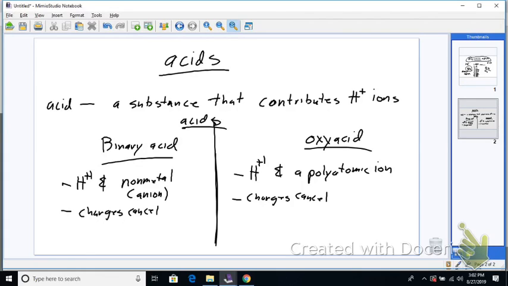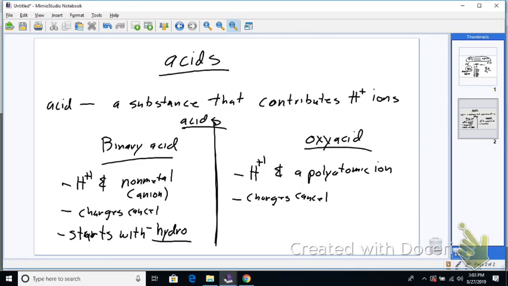But how do we differentiate between naming a binary and naming an oxyacid? Okay, so this one starts with the prefix hydro. So when we name this one, it starts with hydro. I'm not going to put prefix hydro, but I'm just going to say it starts with hydro. This side doesn't start with hydro. I'm not going to put down what it doesn't do. I'm going to put what it does do here later.